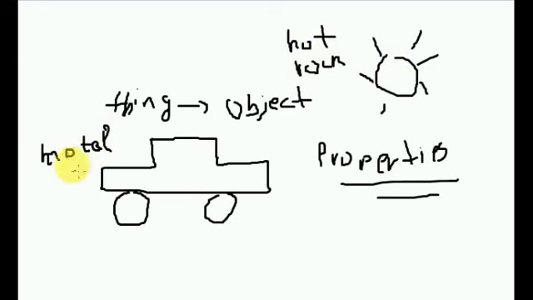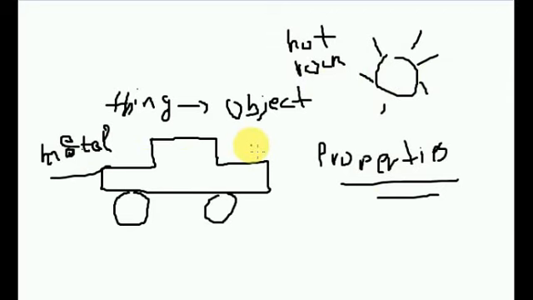This is metal, and this is the E over there, not O. So the properties hot and rock are two properties of the sun, and metal is the property of the car. These are the properties that make these two objects different from each other.